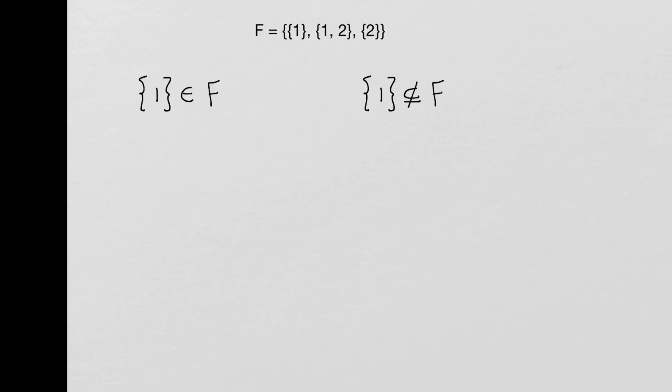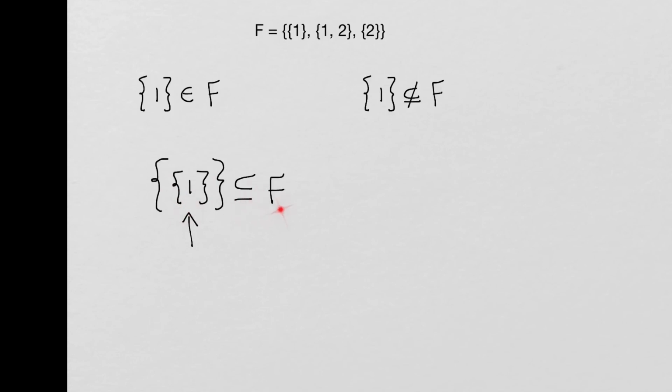Now, what else can I say? I could say that the set containing the number 1 is a subset of F, because now I have one element of set F within a set, so that makes it a subset of set F. So this would not be an element of the set, all of it, just this is an element of the set.